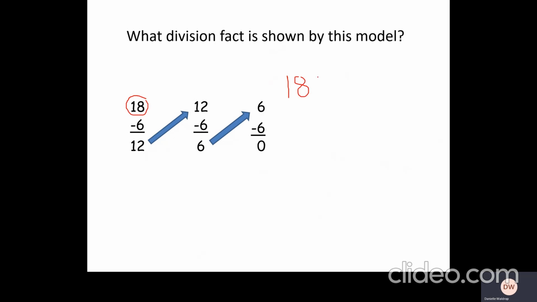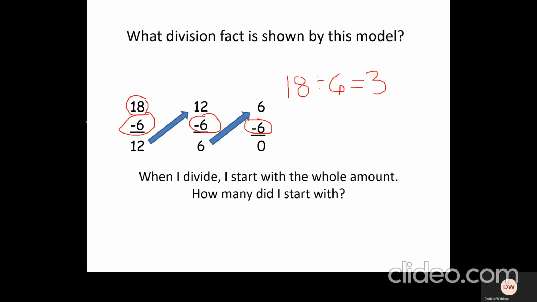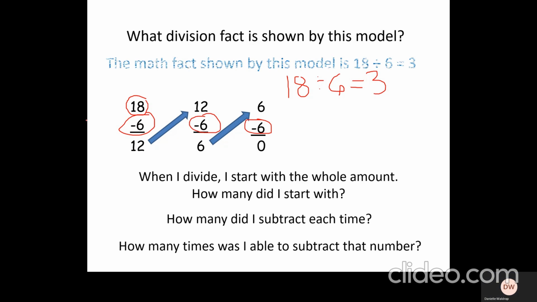That's my dividend. What was I subtracting each time? Yeah, 6. That's my divisor. How many times were you able to subtract 6? Good. 1, 2, 3. So 18 divided by 6 equals 3.